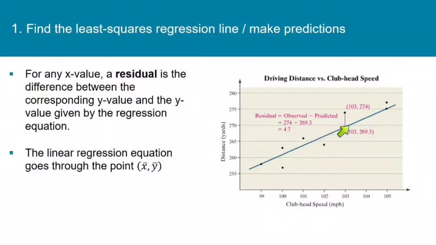Now the regression equation predicts that when the club head speed is 103, the distance the ball travels will be about 269.3 yards. So that's obviously a little different from the observation that's recorded in the data. This difference between what the regression equation predicts and what was actually observed is called the residual.